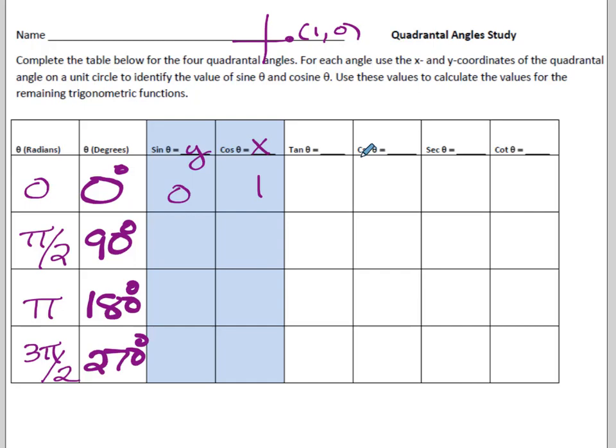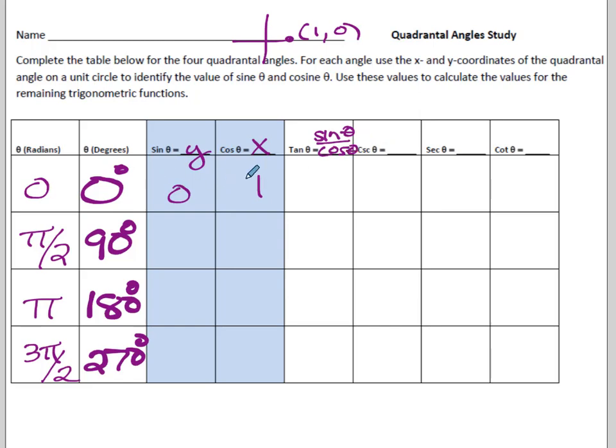Okay? As far as these other values, every other one of these functions is defined in terms of sine and cosine, right? We know that tangent theta is equal to sine over cosine. You don't have to necessarily write it in terms of x and y, but this is sine theta over cosine theta.